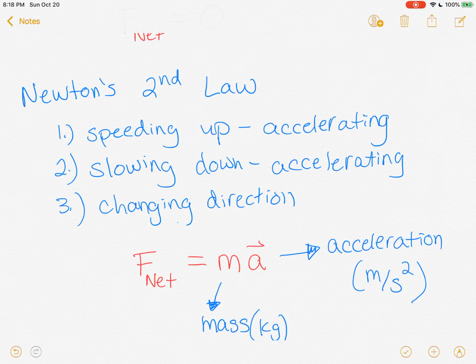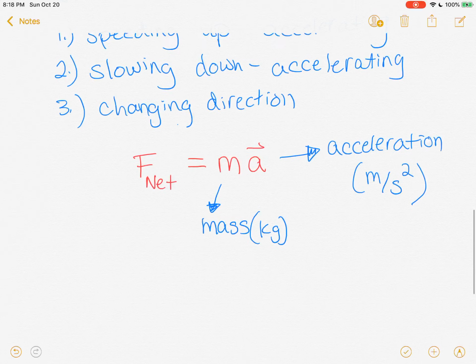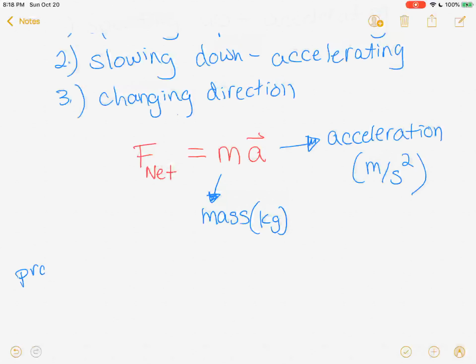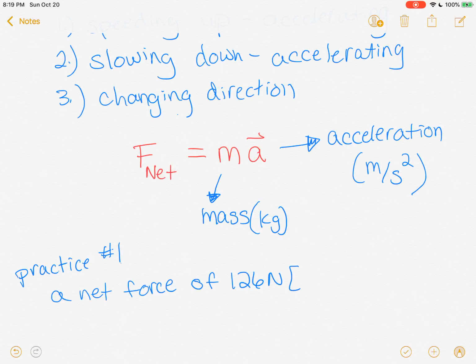All right, so we're going to do a couple of quick practice questions with Newton's second law. So this one is practice number 1 with Newton's second law. So we have a net force of 126 newtons to the south applied to a 70 kilogram sprinter.